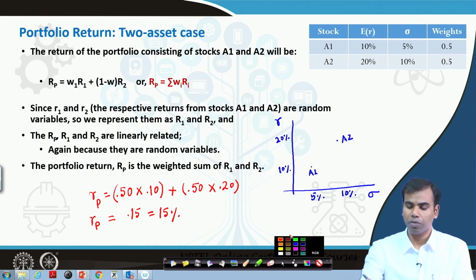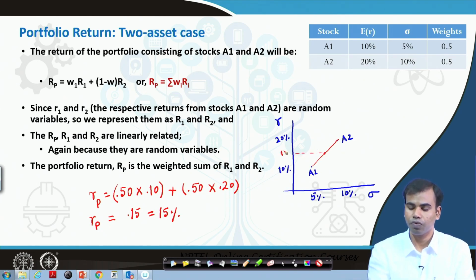If we invest our money in A1 and A2 somewhere 50-50%, the portfolio will give us a return of 15% on average. So, this is what happens when we invest 50% in A1 and the remaining 50% in A2.